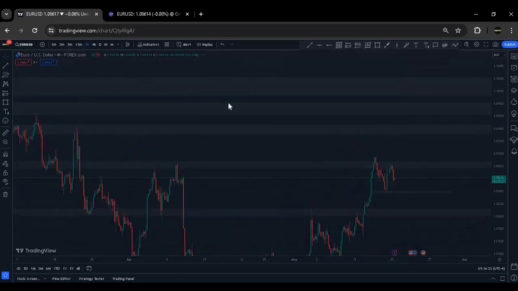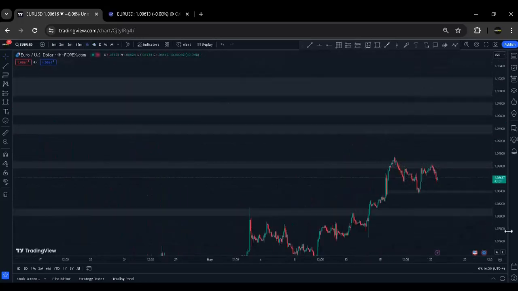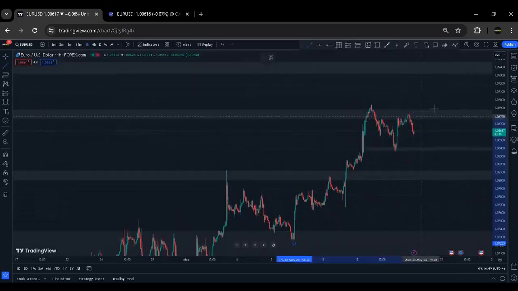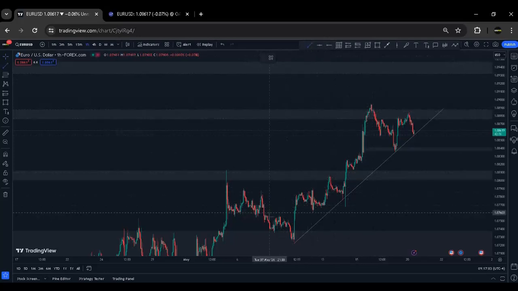So I go down to the 1 hour. Once on the 1 hour, you can see the trend lines a little bit. So we see price has been pushing up, so that means we look for buys as well.